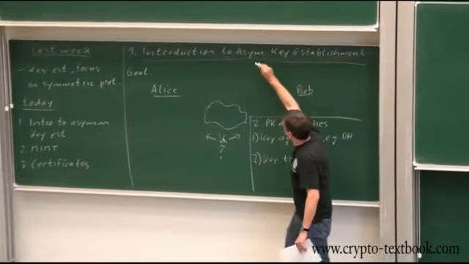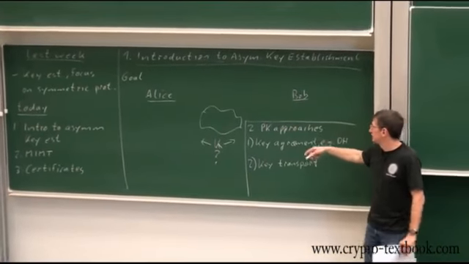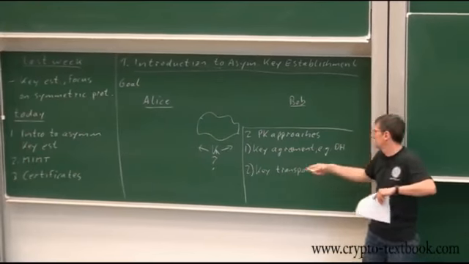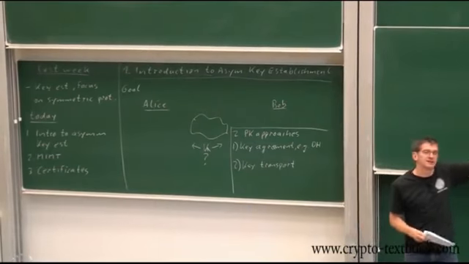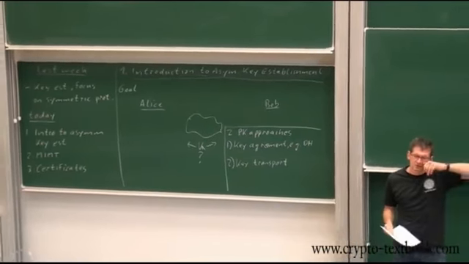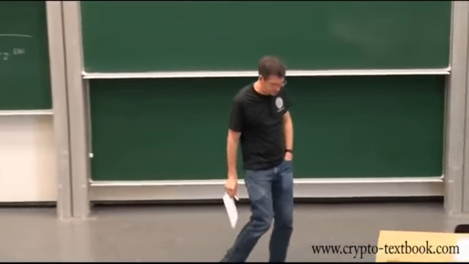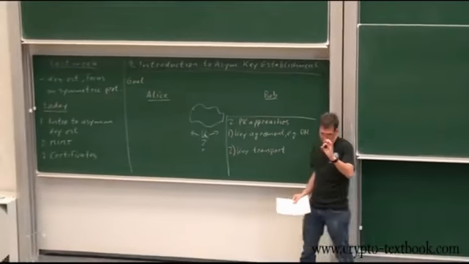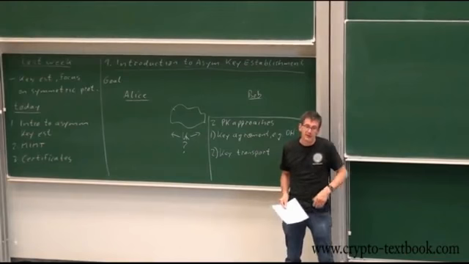The general approach to key establishment using public key algorithms, asymmetric key establishment, is these two. Either you do key agreement, that means both parties somehow compute the key jointly, or we do key transport, that means Alice picks the key and sends it over. And for instance, if you look at SSL, secure socket layer, or TLS, it's also called TLS, this is your little lock, kind of Schloss, in your web browser.